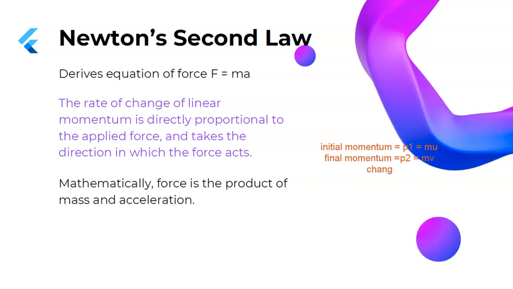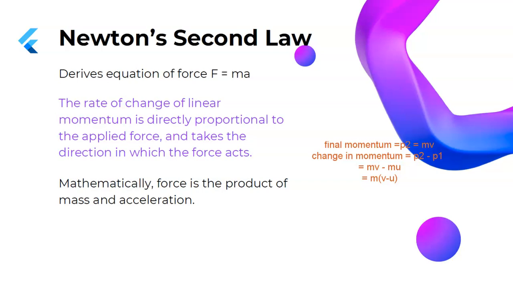Then change in momentum will be equal to P2 minus P1, that is equal to mv minus m into u. That is again equal to, if we take out mass to be common, then it will be m into v minus u. So change in momentum is this much.